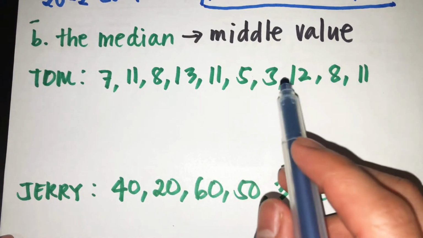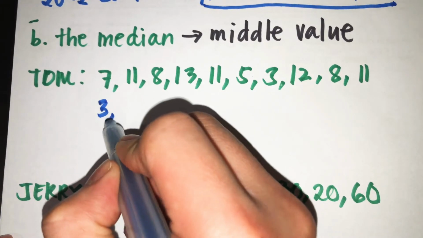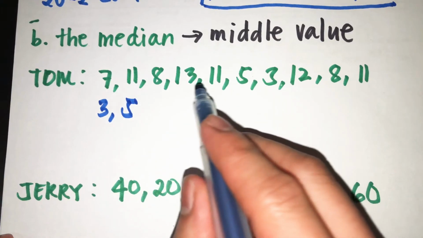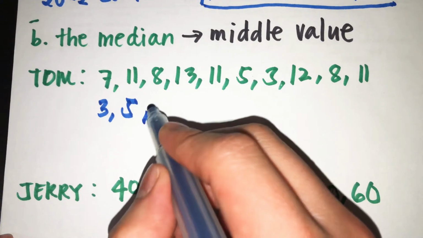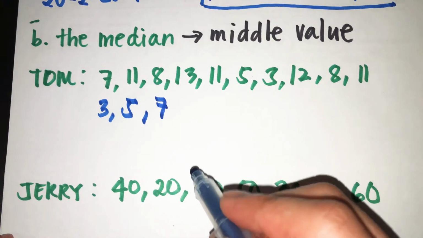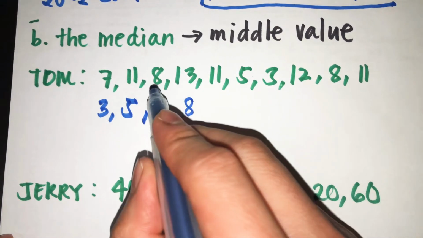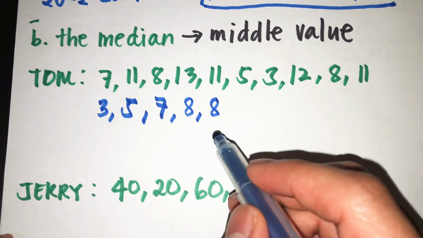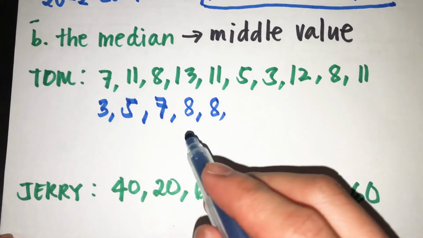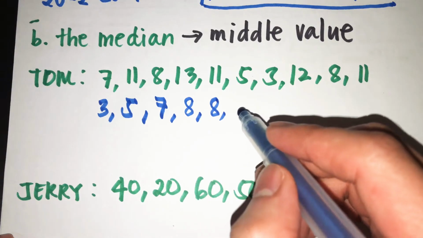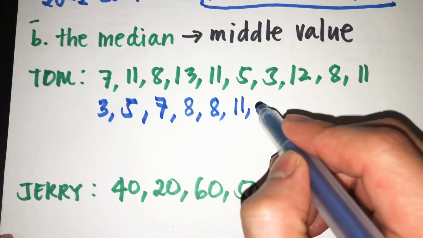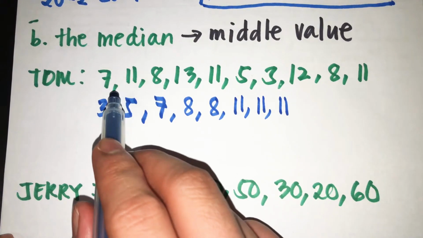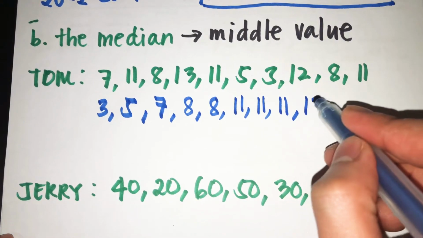So we start with 3, 5, 7, 8, 8, 11, 11, 11, and then we have 13.